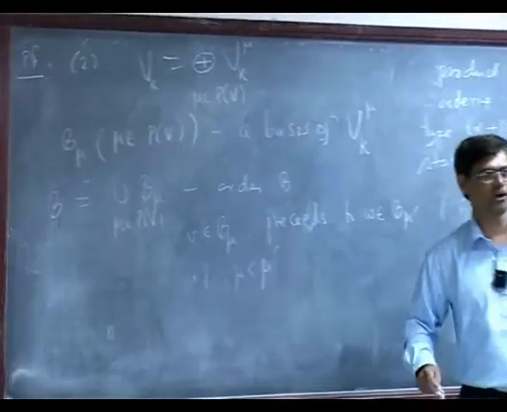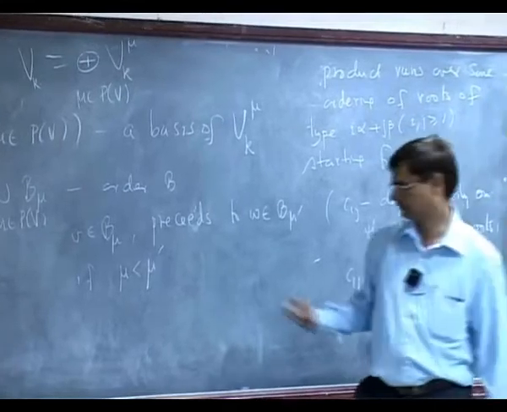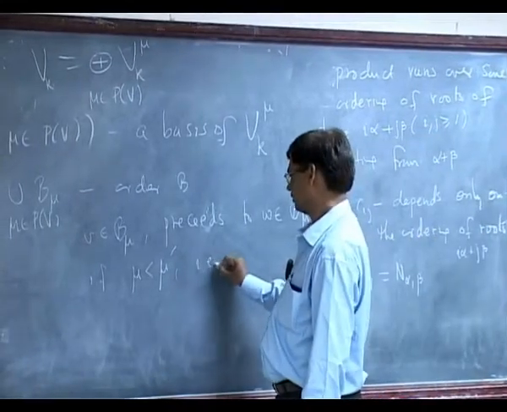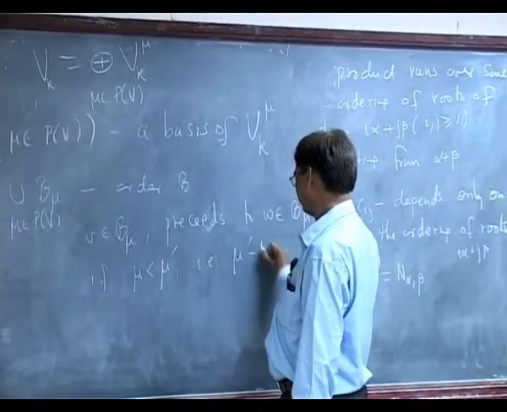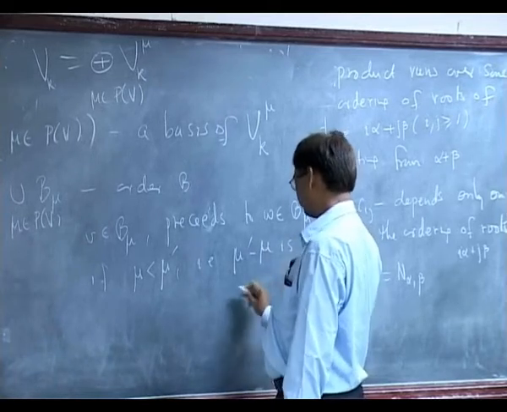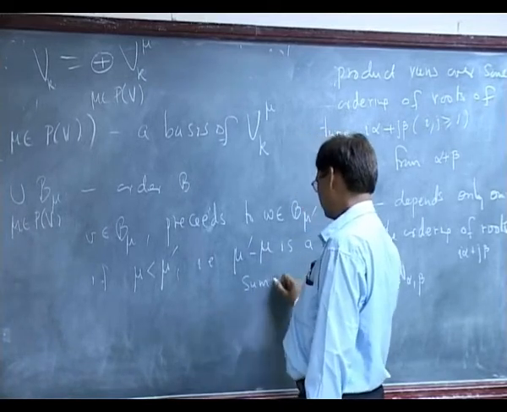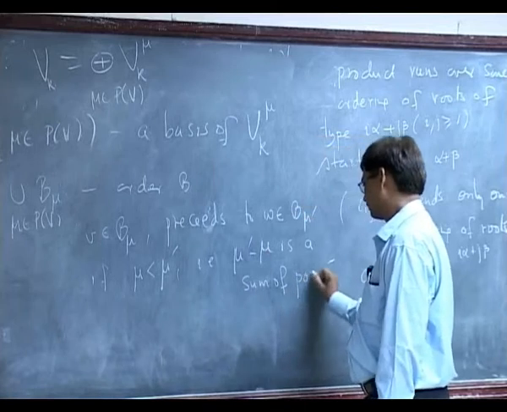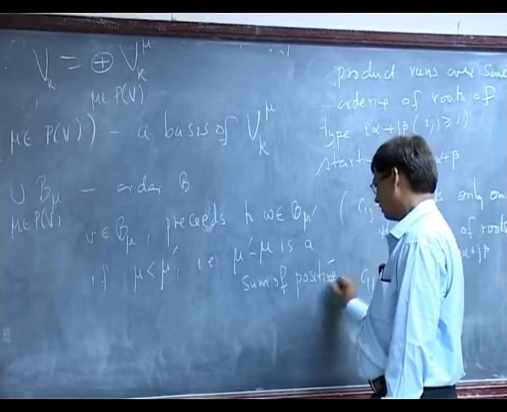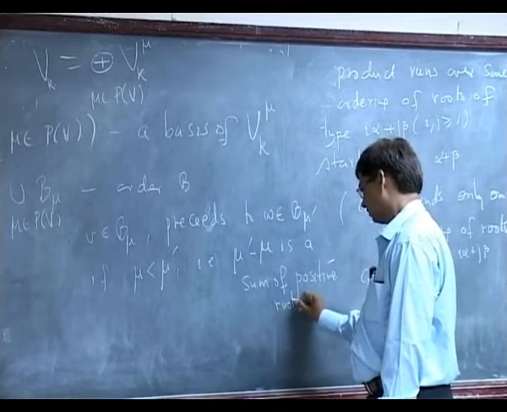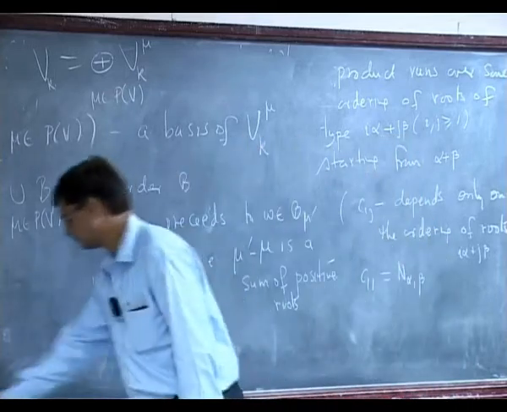This is in the ordering of the weights, that is, mu prime minus mu is a sum of positive roots.